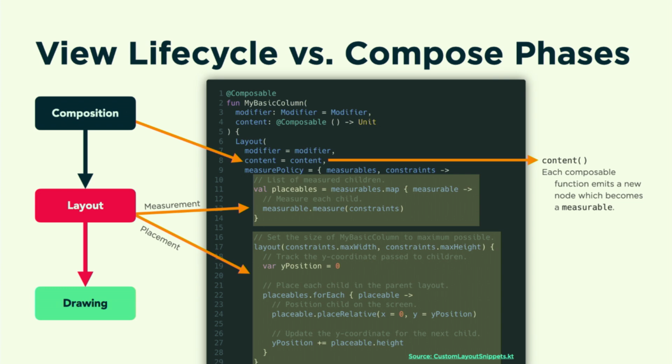You can see where the placement phase happens, because it happens right in that layout method, where you pass in the actual width and height of this layout. Within it, you can take the placeables and place them on the screen. I just love that, right? It's a very direct mapping of these conceptual phases and the actual code that you write.